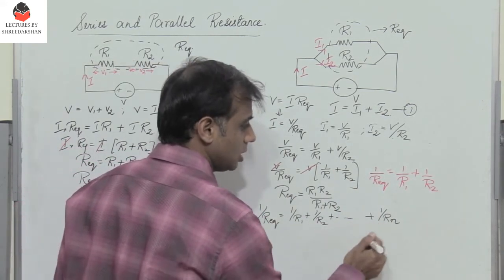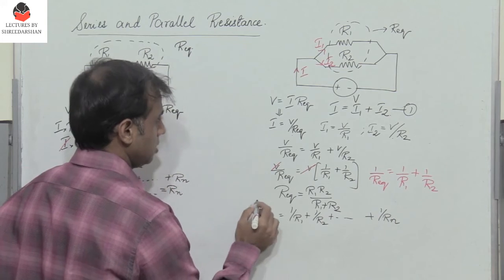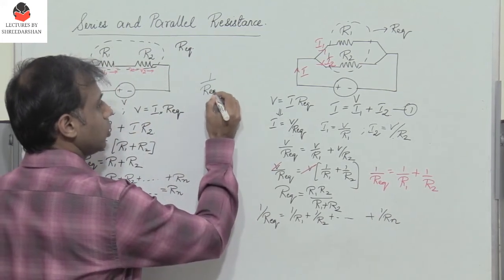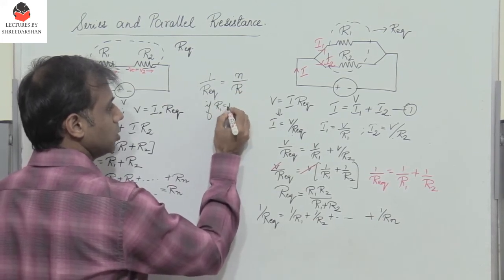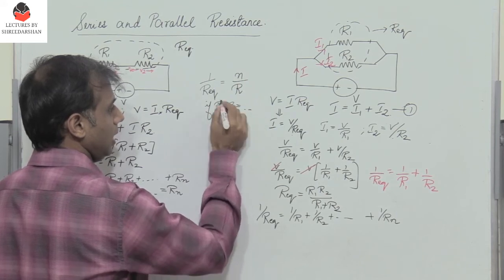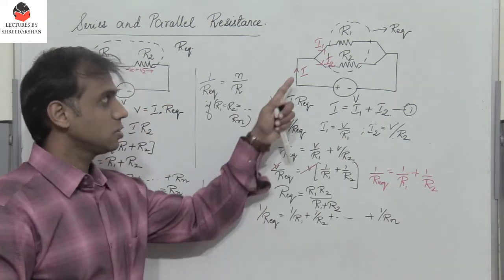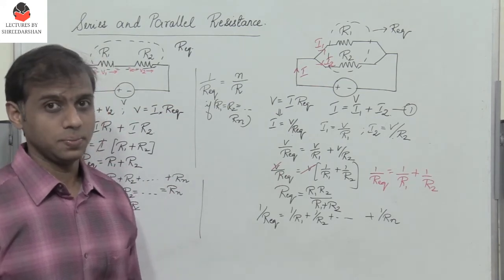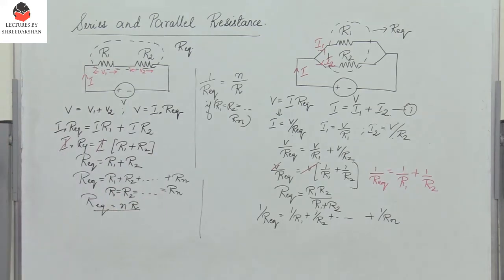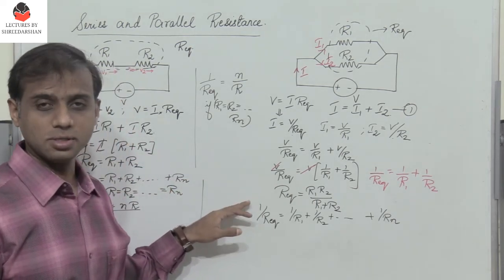And if all the resistors are equal, that means if R1 equals R2 equals Rn, 1 by R equivalent would be n by R. Therefore the equivalent resistance in case of resistors connected in parallel would always be smaller than the smallest resistance connected. Right? So this is the expression for the equivalent resistance of resistors connected in series, and this is the expression for the equivalent resistance of resistors connected in parallel.